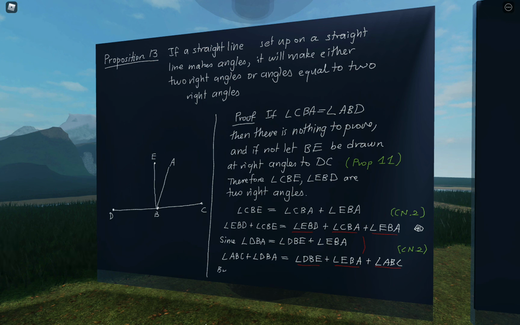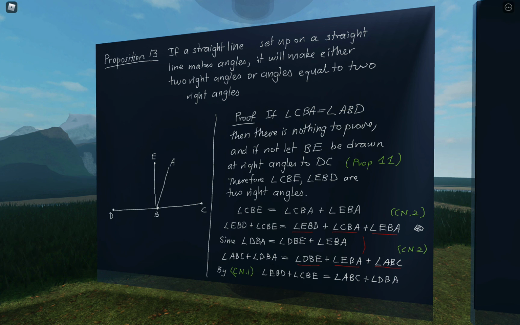So by common notion 1, which is transitivity of equality, we have that EBD plus CBE is equal to ABC plus DBA.